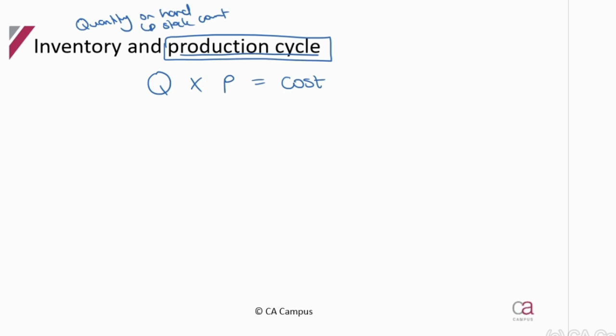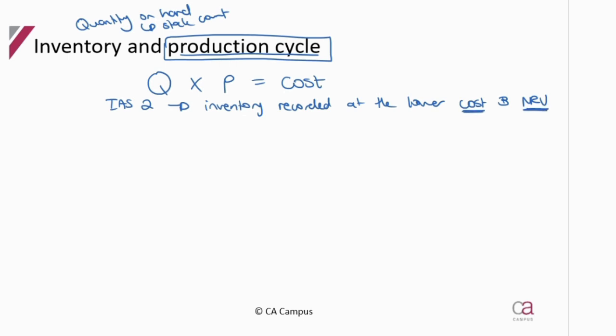But remember, in terms of IAS 2, inventory needs to be recorded at the lower of cost and net realizable value. So there's going to have to be considerations as to how to get to that cost, considerations as to what the NRV is, and then be able to see if it is measured at the lower of the two.